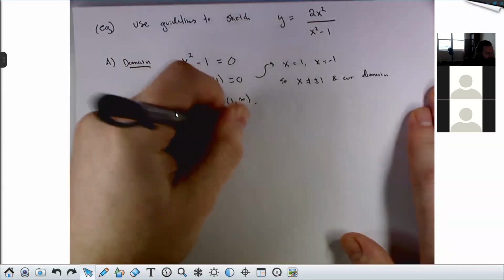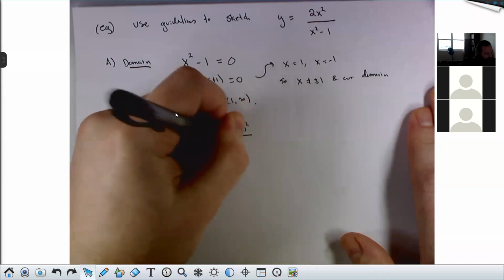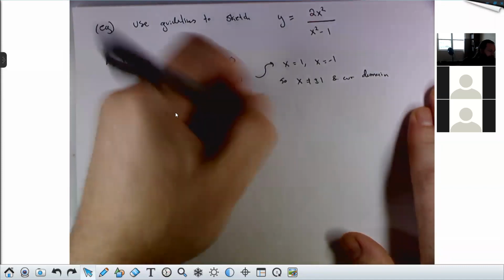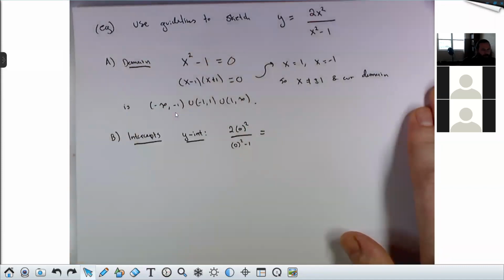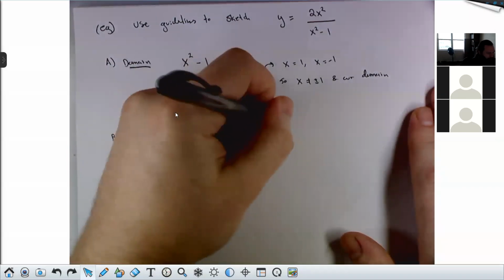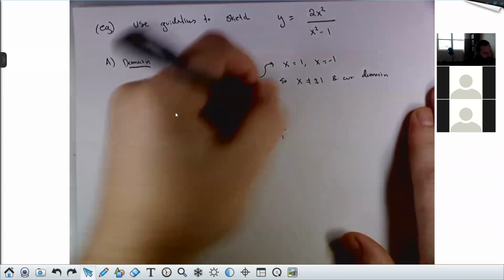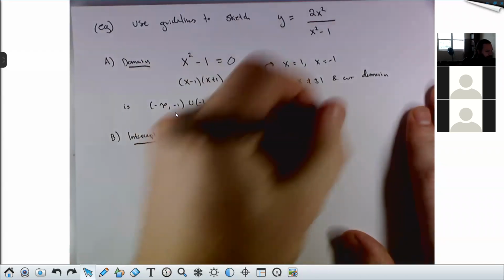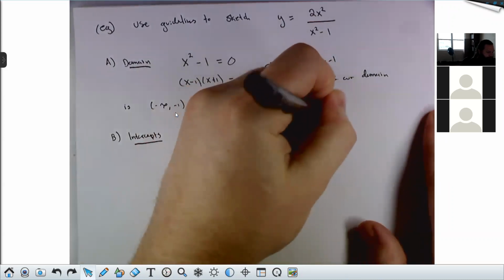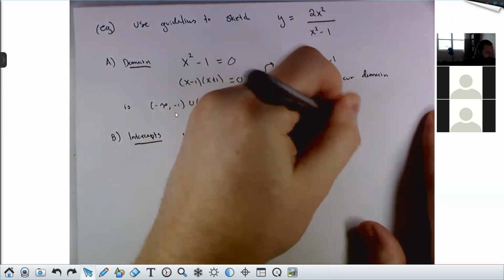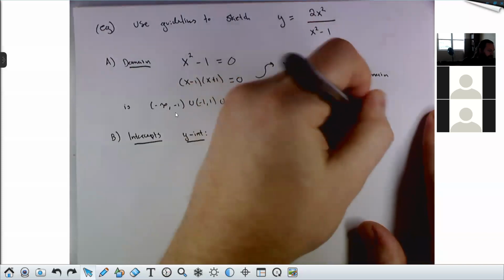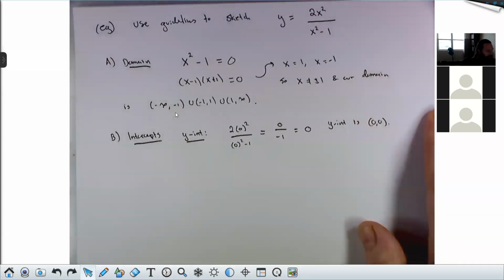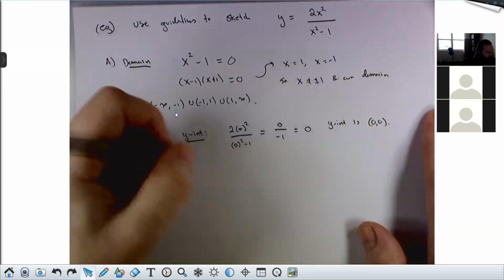So if I take 0 and I plug it in here, I get 2 times 0 squared divided by 0 squared minus 1, which is 0 over -1, which is 0. So the y-intercept is the point 0, 0.